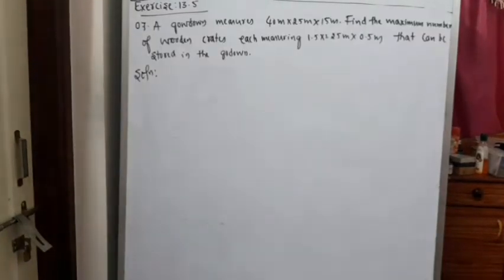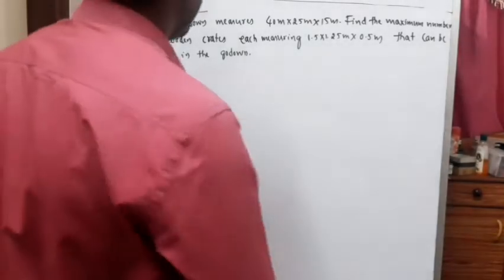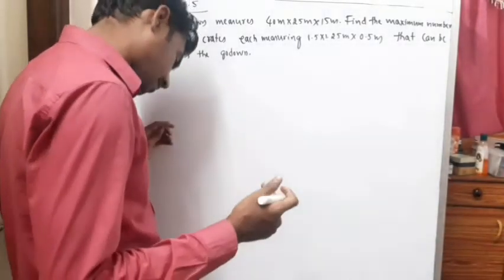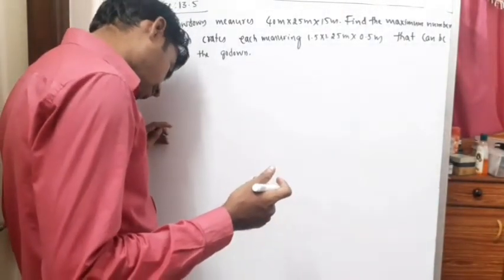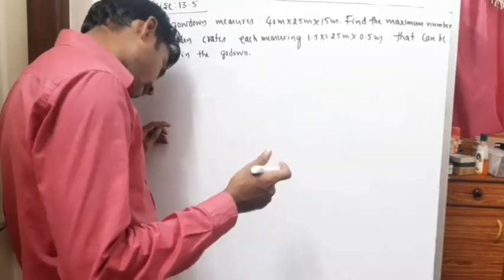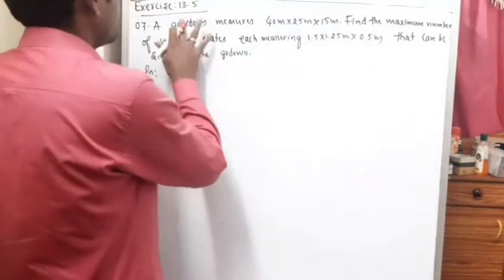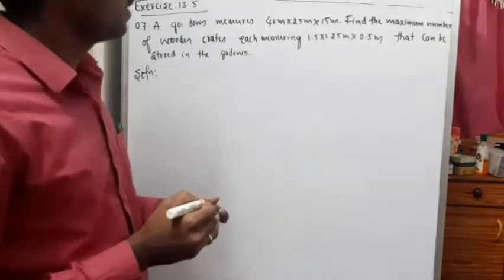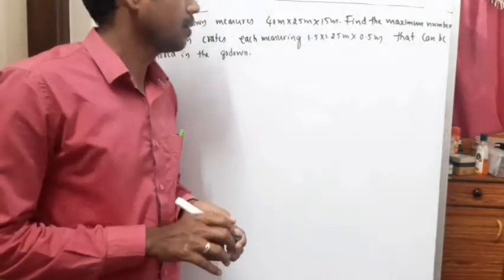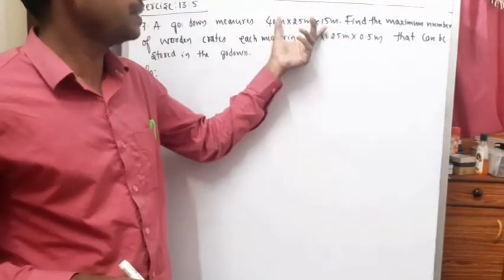7th question. A godown measures 40 meter by 25 meter by 15 meter. This is the measurement.